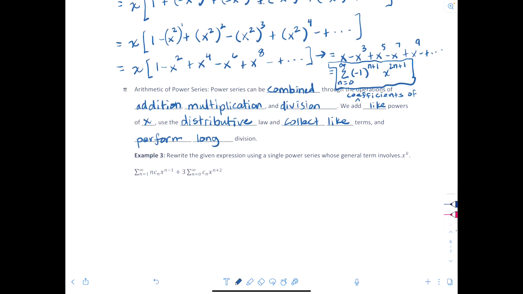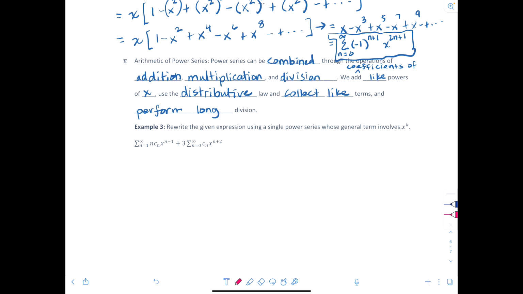So here is an expression that we want to rewrite using a single power series whose general term involves x to the k. So here's what I'm looking at. I want the summations to start when x is raised to the same power, right? So the second summation, 3 times summation n goes from 0 to infinity of c sub n x to the n plus 2.